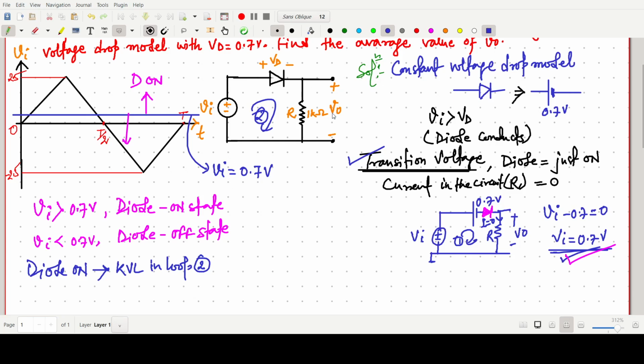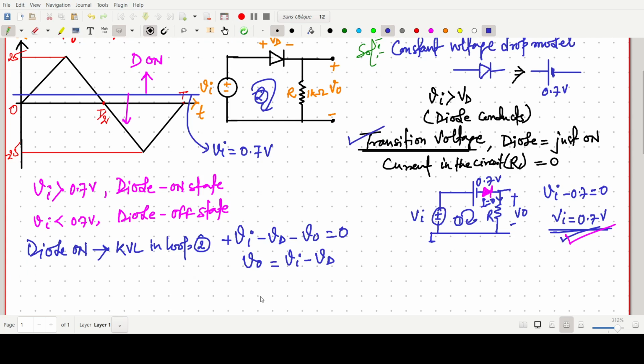Now we have to consider the V naught. So we can write Vi minus Vd minus V naught equals 0. So V naught equals Vi minus Vd. Okay, so we can find the output peak.